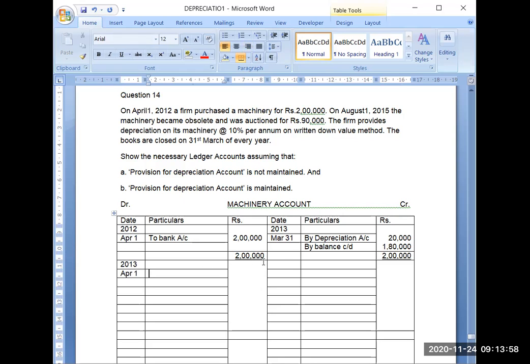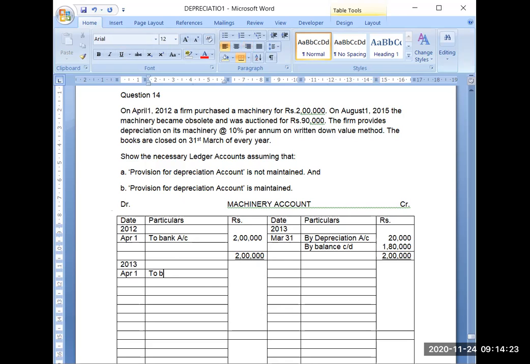So there are two very important things to be noted, that in the previous method we charge depreciation directly to the asset account. We write the depreciation in the same account, and our value of asset keeps on reducing. We can rightly check what is the written down value of this asset after writing off the depreciation.